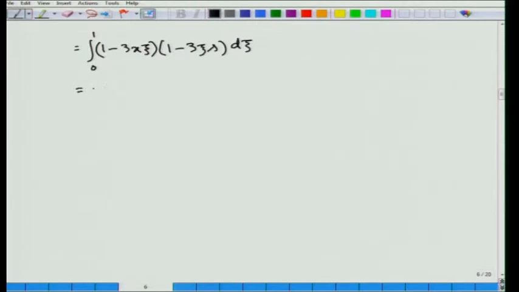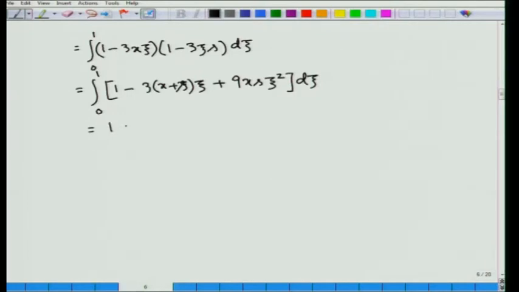This is equal to the integral from 0 to 1 of 1 minus 3(x plus s) xi plus 9xs xi squared d xi, and after integration we find this will be equal to 1 minus 3/2 (x plus s) plus 3xs. This is actually our second iterated kernel k2(x,s).